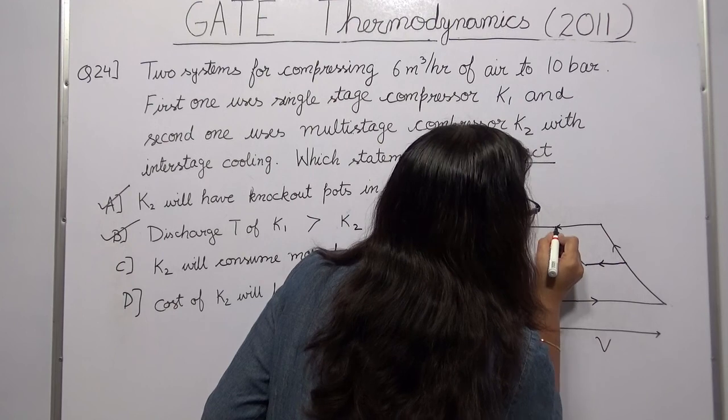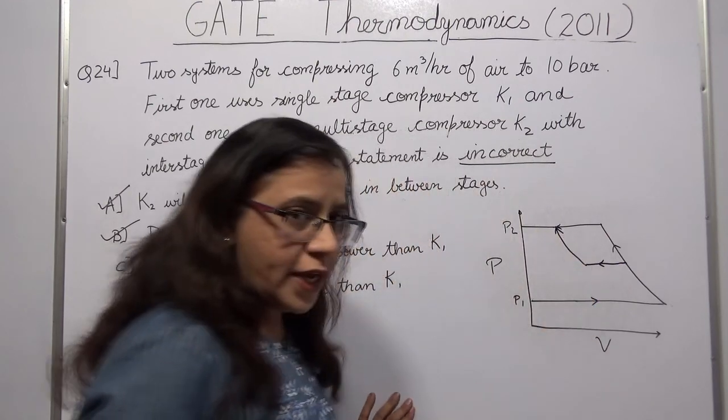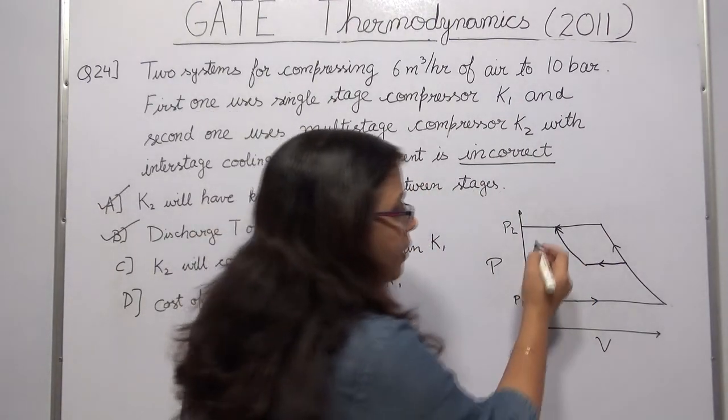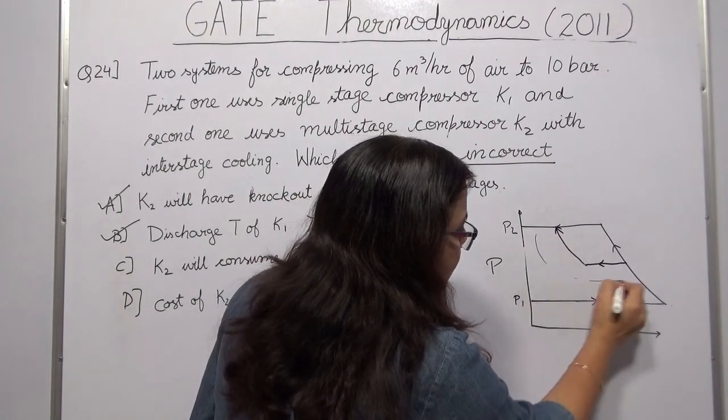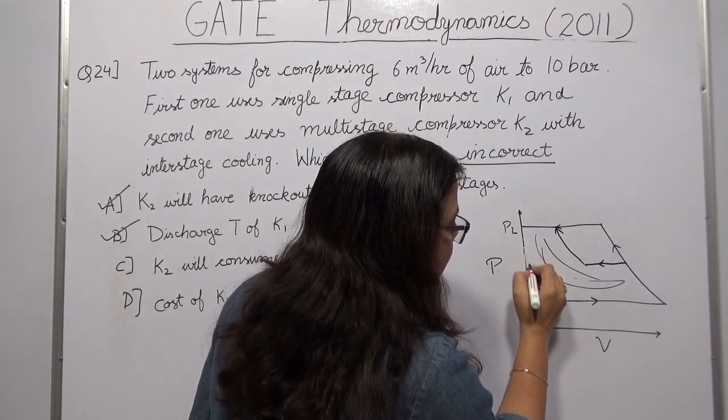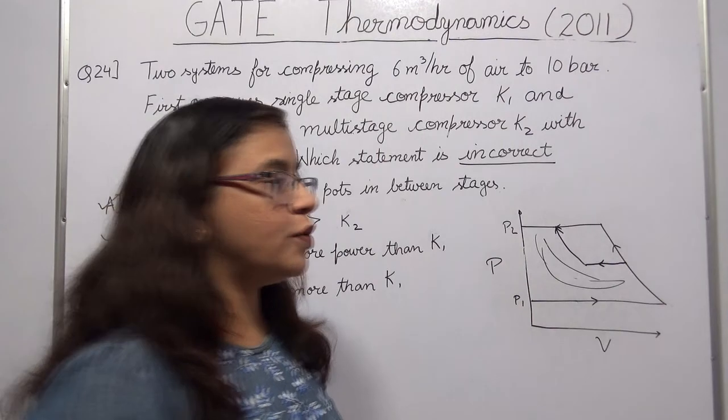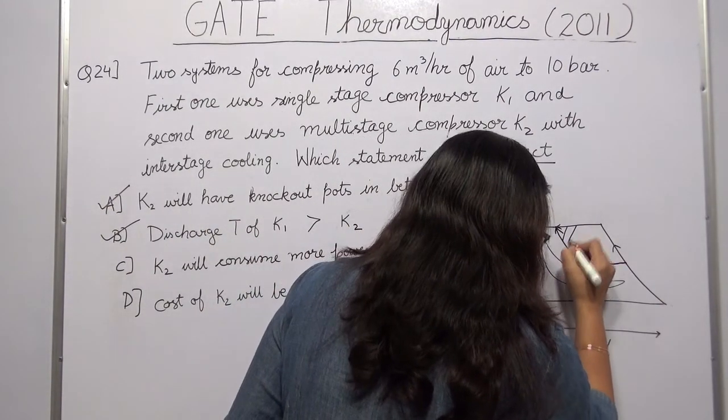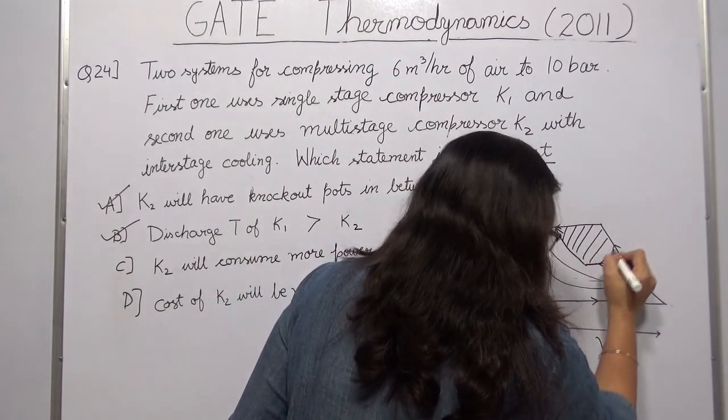Let's say again this is some polytropic compression. Then the work required will be the area under this curve. So the amount of work which you have saved for the same compression is this much.